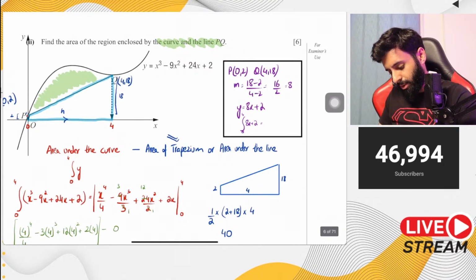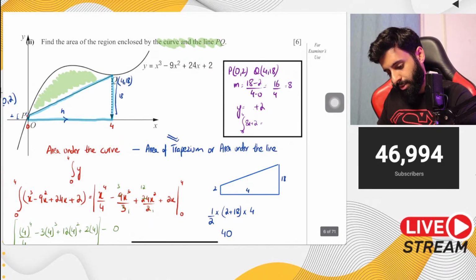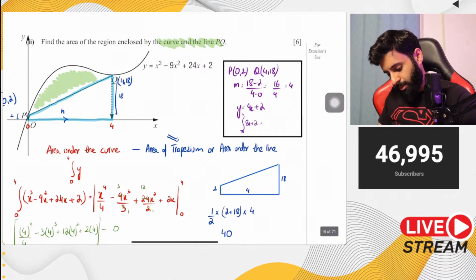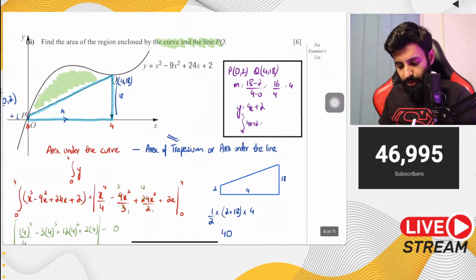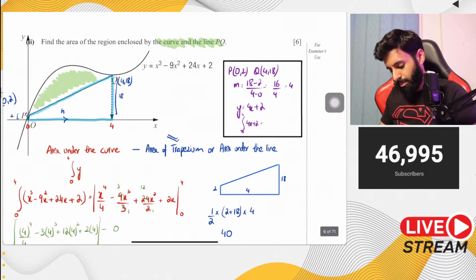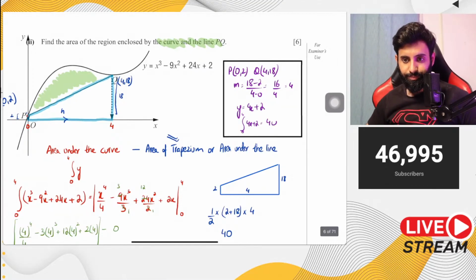Oh, 16 upon 4 will be the gradient. 16 upon 4 is 4. Okay. So integrate 4x plus 2 within the same limits, and you will get the same answer. Let me see if the answer is the same. Yep, you get 40.